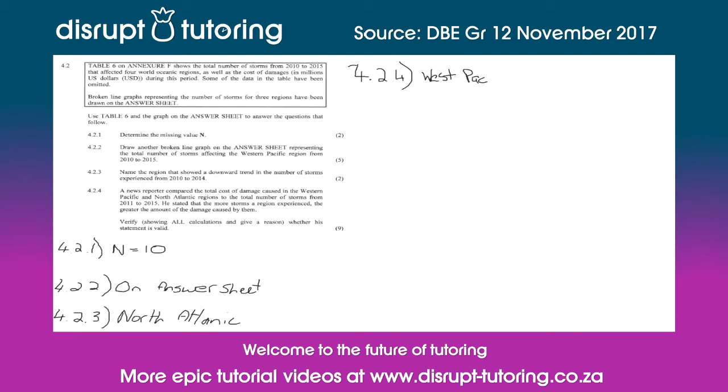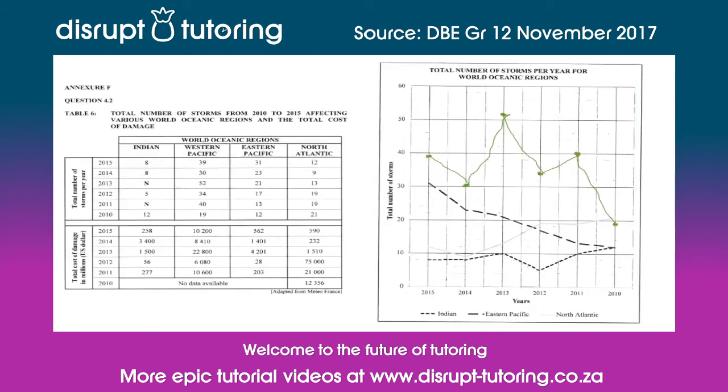So the total storms equals, so we need to now add 39 plus 30 plus 52 plus 34 plus 40.